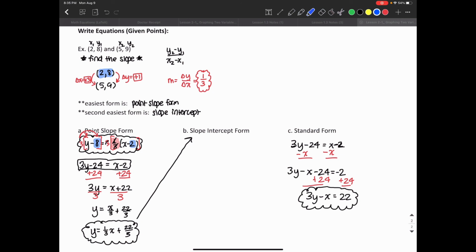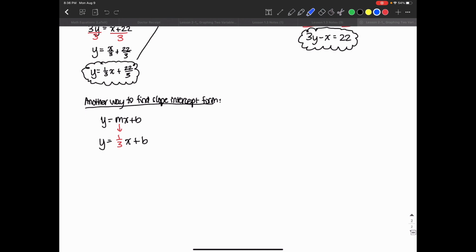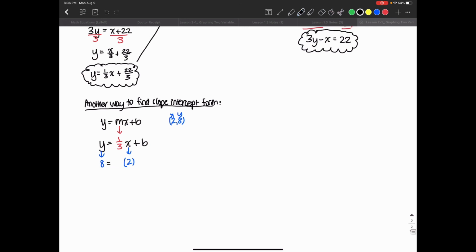So I have 2, 8. x is 2 goes with y is 8. And so I can plug in the point 2, 8 here. This is my x, this is my y. When x is 2, I know that y is 8, and this equation is satisfied. And now I only have 1 variable that I can solve for.